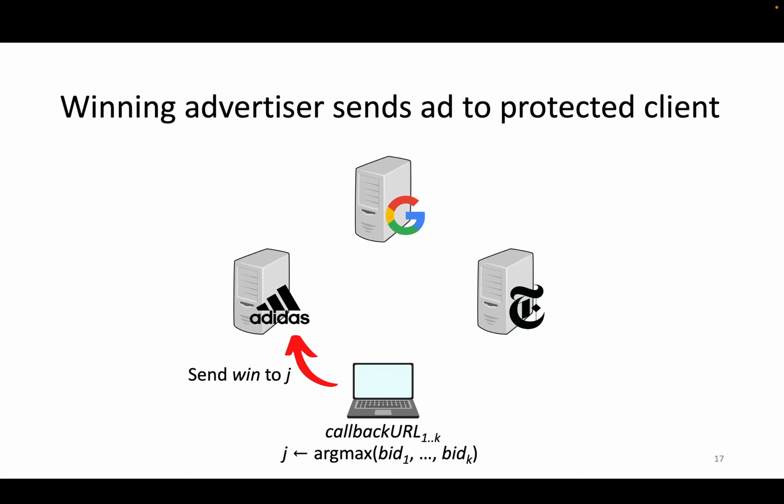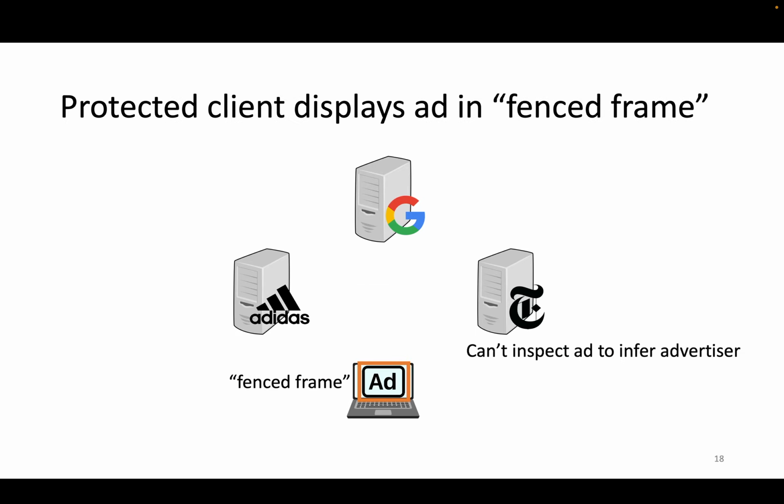The client's browser notifies the winning advertiser, and the winner sends its ad to the client. And finally, the browser displays the ad in a fenced frame, which prevents the publisher from seeing the displayed ad and inferring who the winning advertiser is.